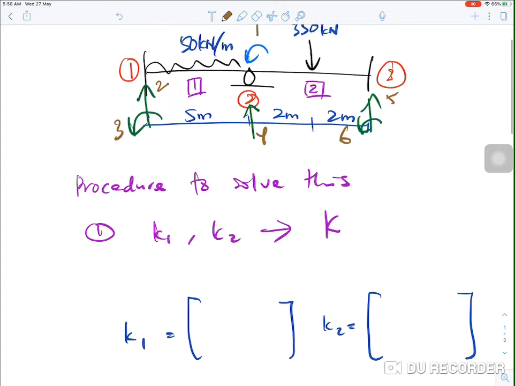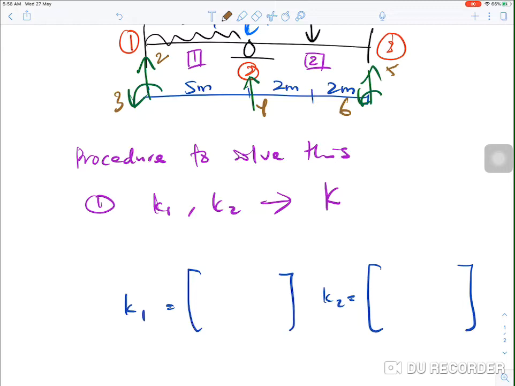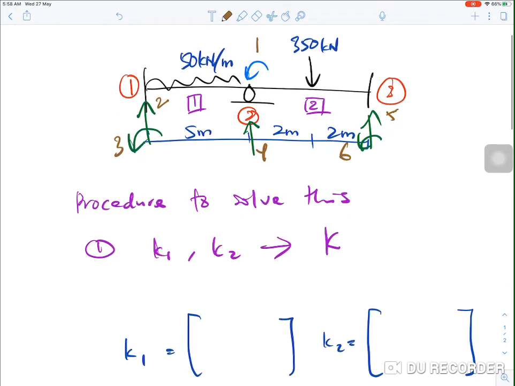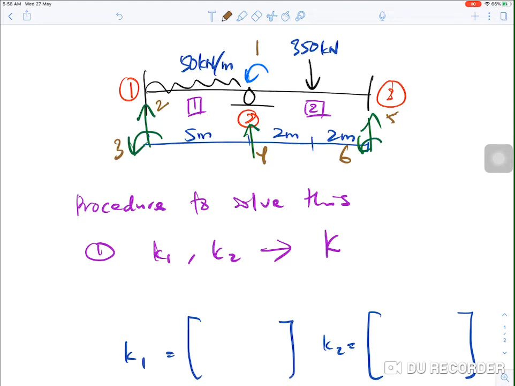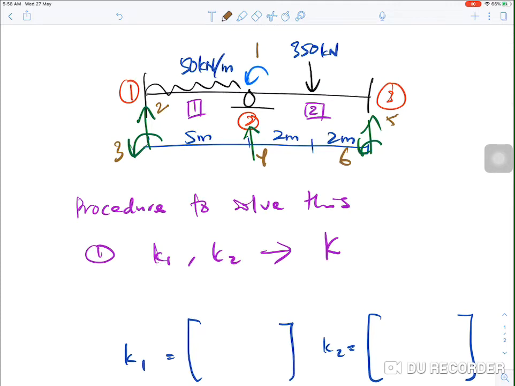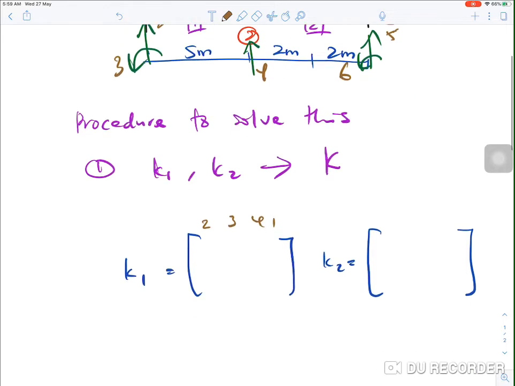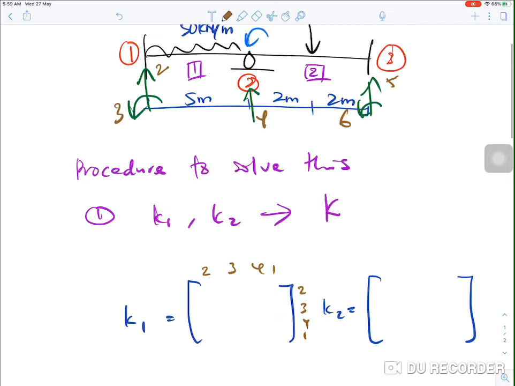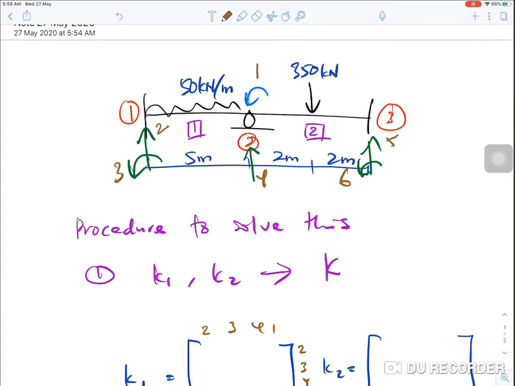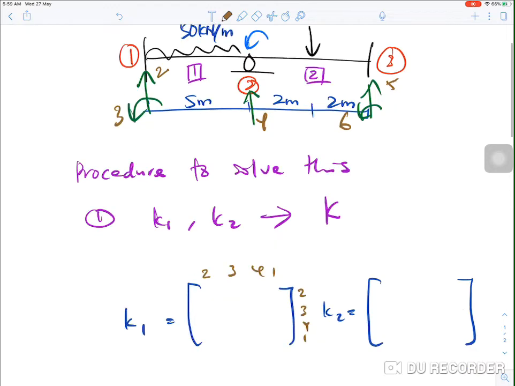The most important thing is to label the element stiffness matrix correctly. Using the degree of freedom labels that we get from the main diagram, we label near end Y, Z, far end Y, Z. So for element 1 the label is 2, 3, 4, 1, and for element number 2, the label is 4, 1, 5, 6.